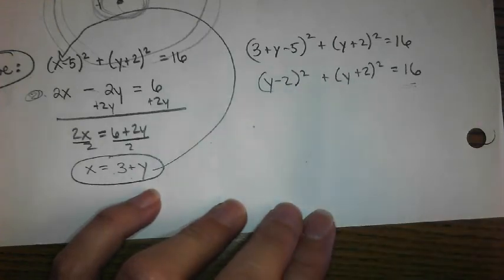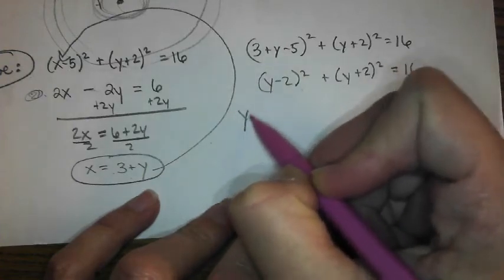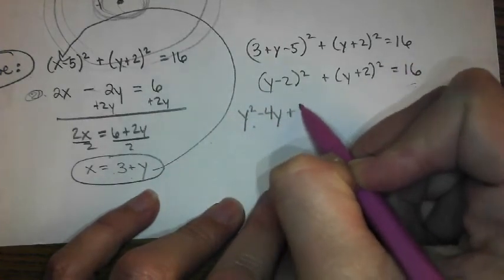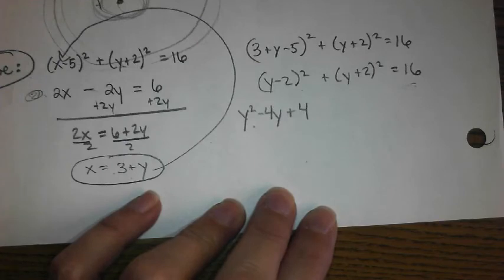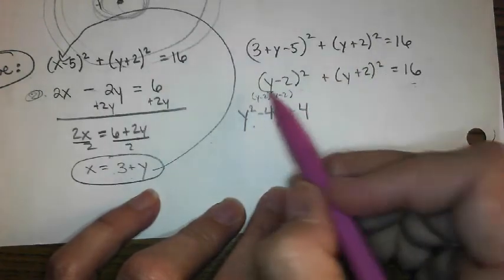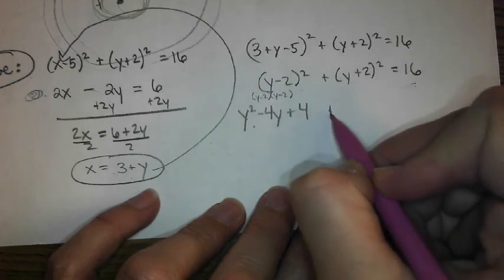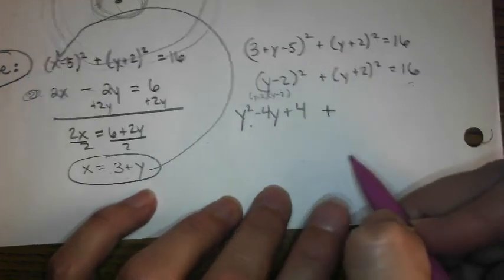You literally just have to square them out. So this one, when you do y minus 2 times y minus 2, you're going to get y squared minus 4y plus 4. Right? For those of you who like to expand it and see, when you FOIL and combine like terms, you'll get that. Who knows the shortcut? What am I going to get when I square the second one?